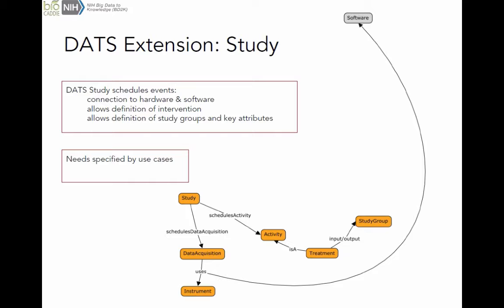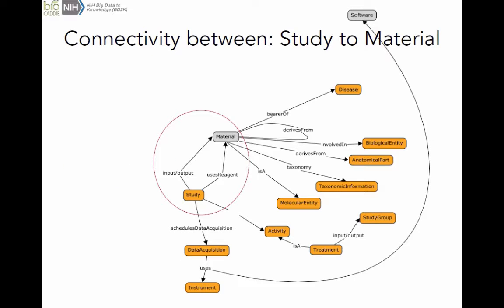So going back here, we'll spend some time insisting on the connectivity between the DATS core and the DATS extension. Material can be described in the core, as we mentioned earlier on. We can just say that the data set is about a set of material. But now, if we want to describe a data set which is a clinical trial, we need to be able to identify the patient, but also we need to capture information about the study.